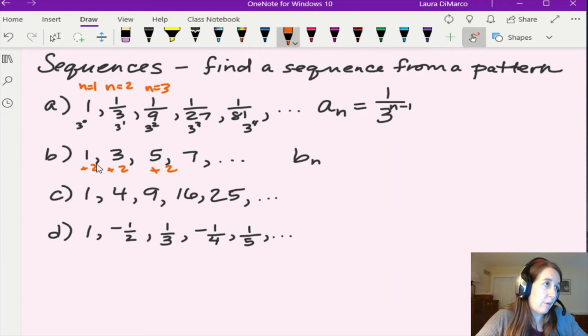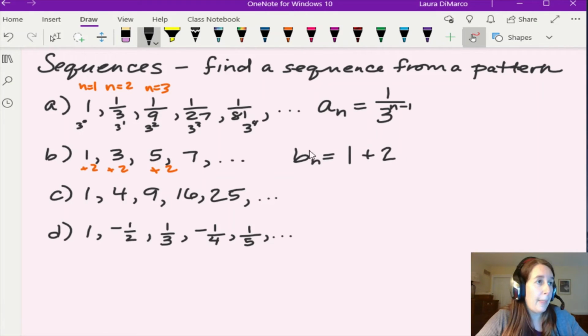From the first to the second term, we're adding 2 once. We did a problem that was kind of similar to this before. We did 1 plus, that's just the first term, plus 2 times n minus 1, right? Because on the second term, you've added 2 only once. On the third term, 1, 2, you've added 2 twice. So this would be a good formula.